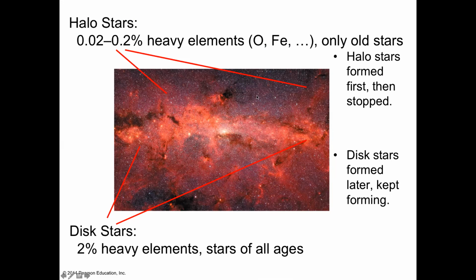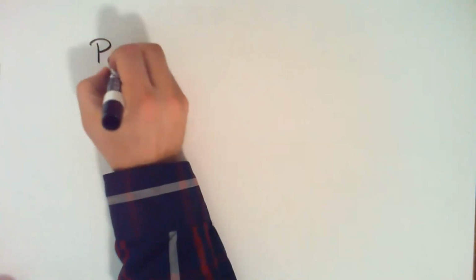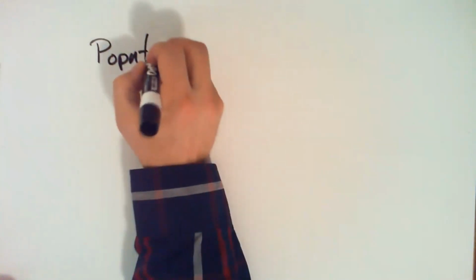I want to introduce a couple of terms at the very end of class here because they're important for the homework. So let me share with you the whiteboard, and I will define these two terms. Astronomers use these to talk about halo stars and disk stars.